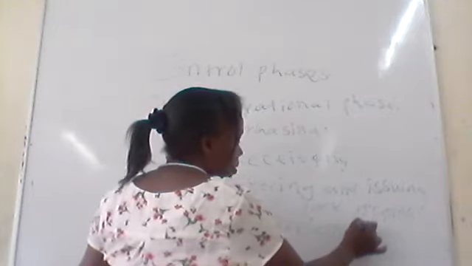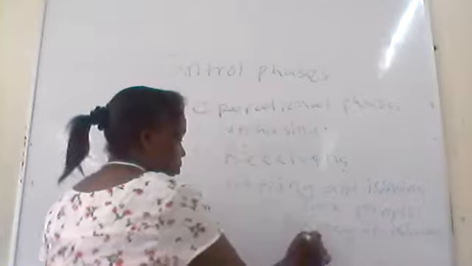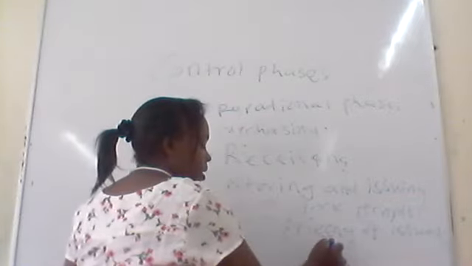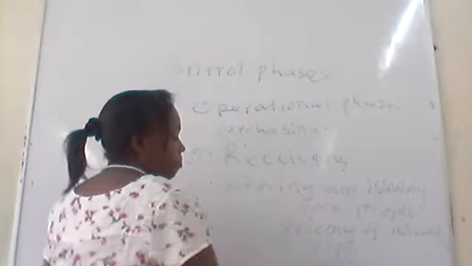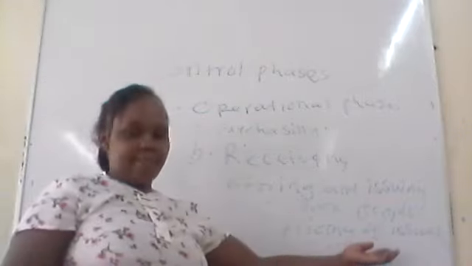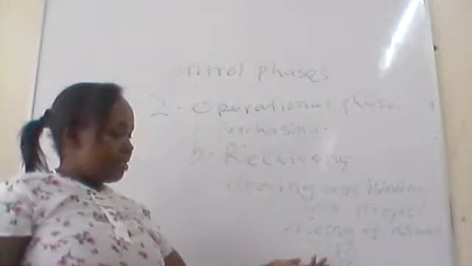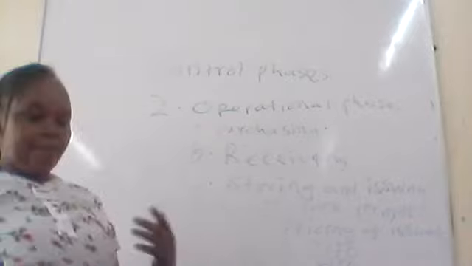Then we also look at the pricing of issues. When we say pricing of issues, it is where we do the calculation, we call it FIFO, LIFO, NIFO. So you are going to decide: are we going to use first in, first out? Last in, first out? Or next in, first out?